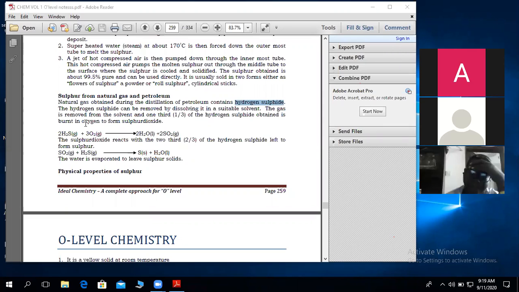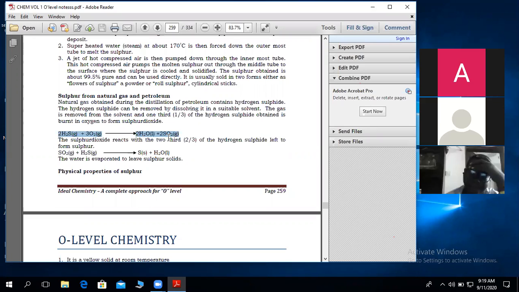So this hydrogen sulfide can be removed from that natural gas. Now, a third of the hydrogen sulfide is burnt in oxygen. It produces water and sulfur dioxide gas.